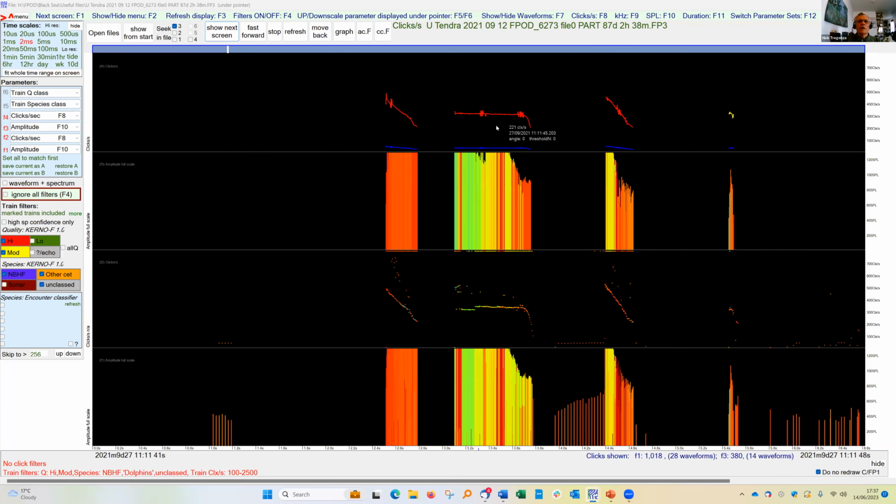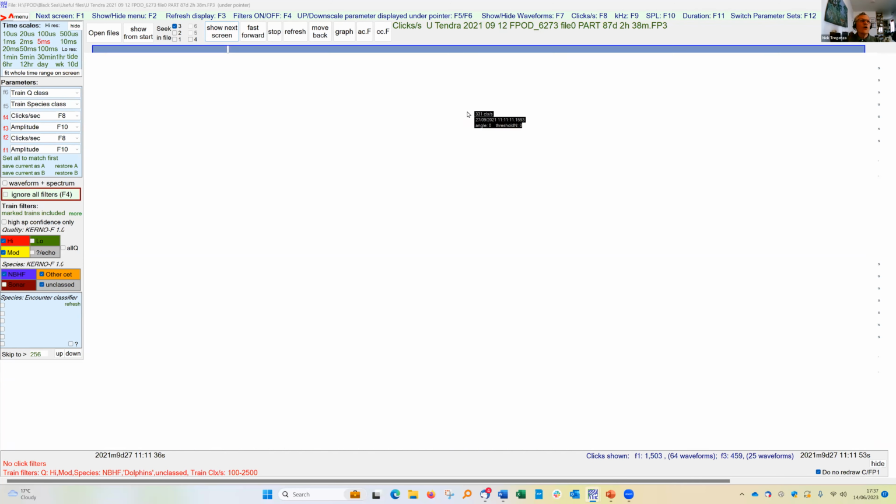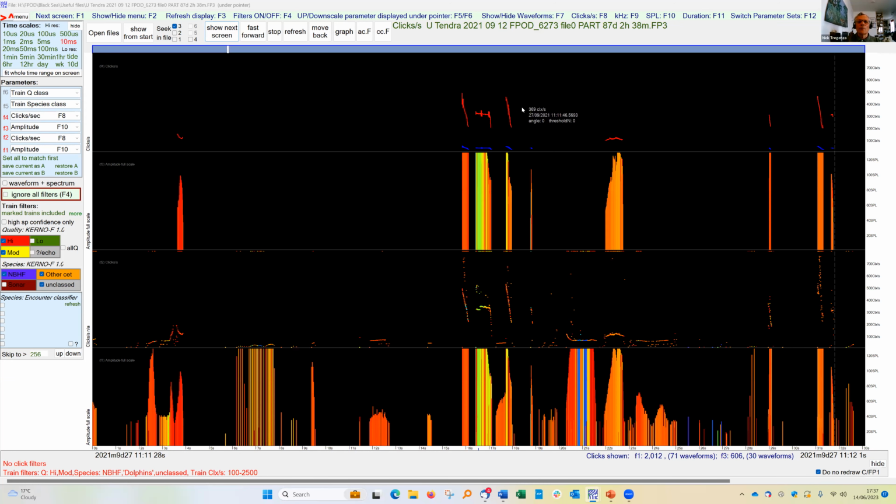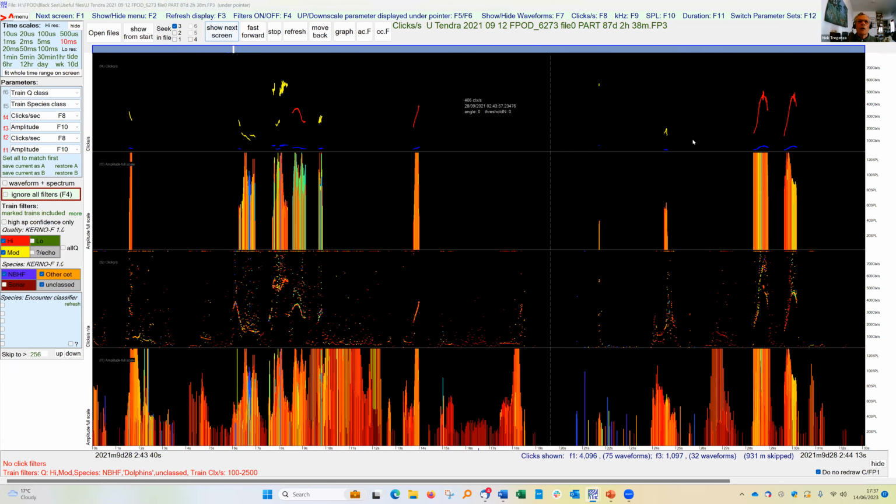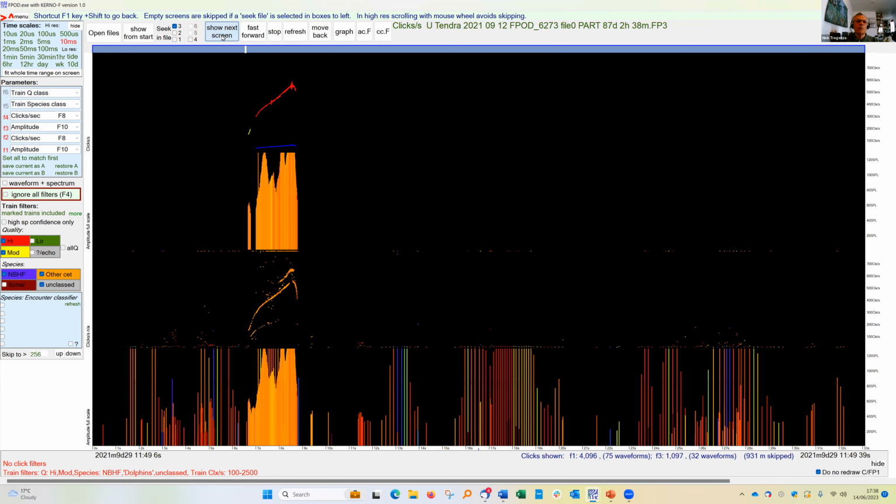So yeah, I'm thinking this is also social. And here you've got these two very neat repeats, and they've got the same characteristic that they do appear to be fairly discrete. It's like that is a complete train.